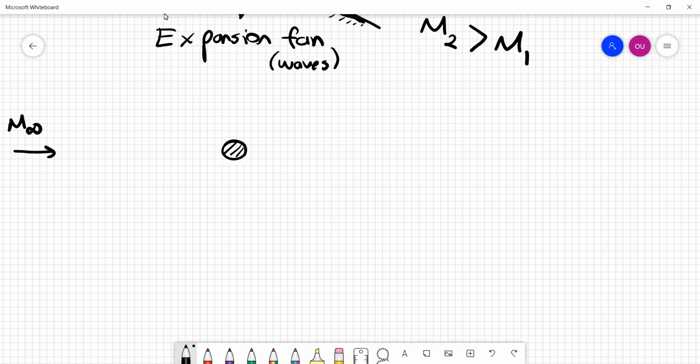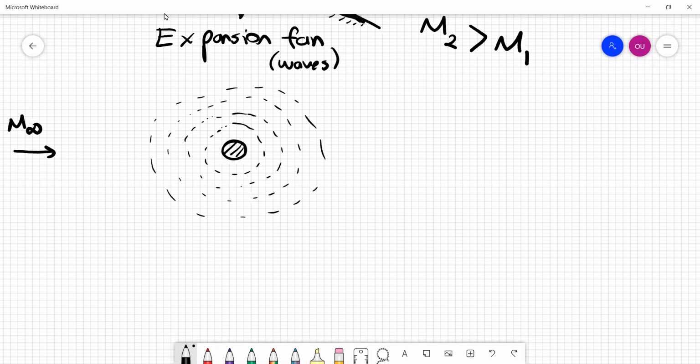Any disturbance that is created inside this airstream is propagated around, like waves, as we have talked about. In a low subsonic flow field, the fact that this object exists here gets propagated out with the speed of sound of this medium.